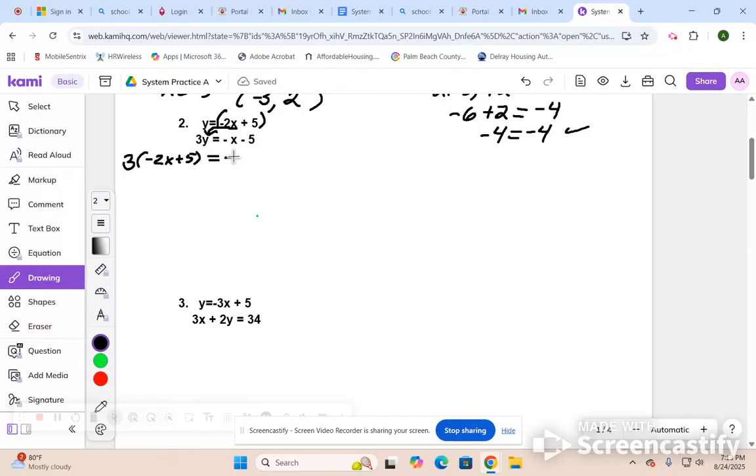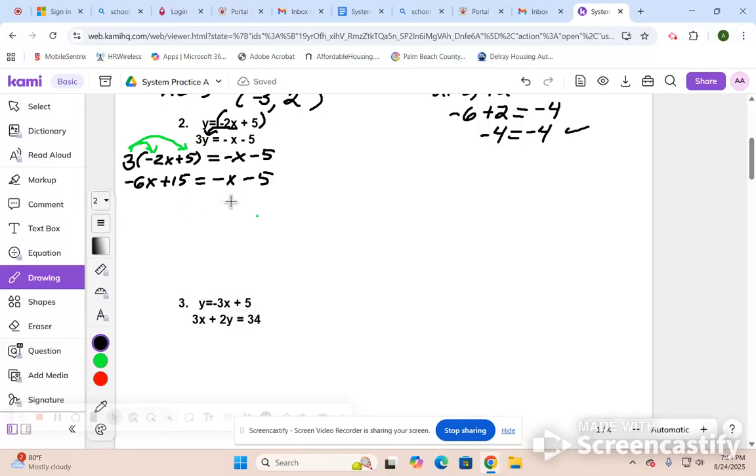And I'm just going to copy the other side. All right, now we're going to distribute here and here. So we'll have negative 6x plus 15 equals negative x minus 5.